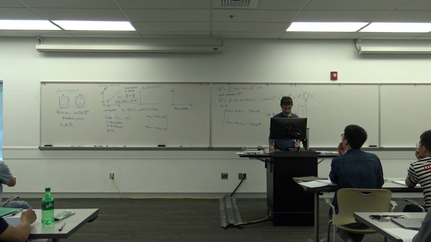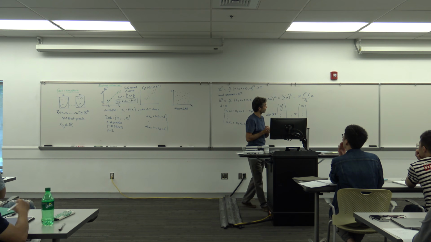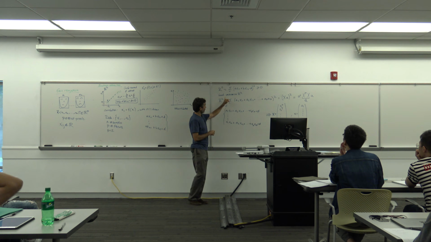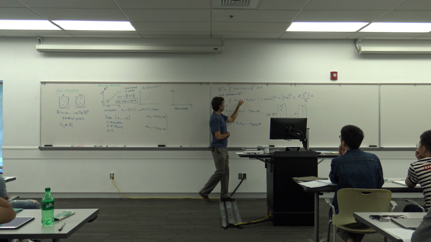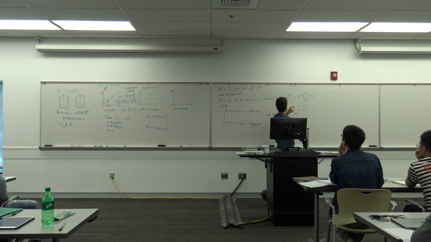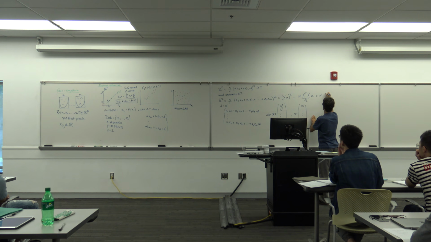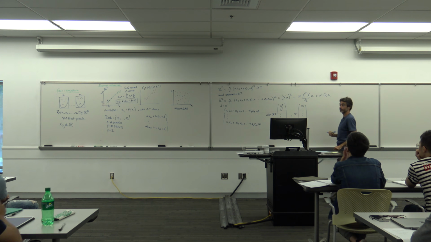Okay, so let's look at this. What's our goal? We want to minimize R2, right? Now, R2 is equal to this equation right here. So let me write it down. It's A transpose QA, right?